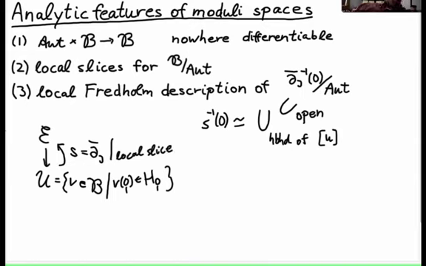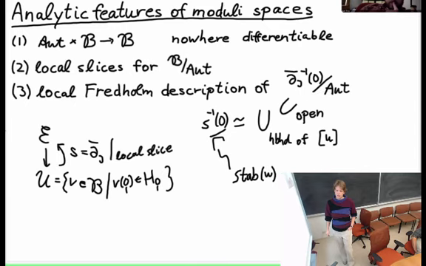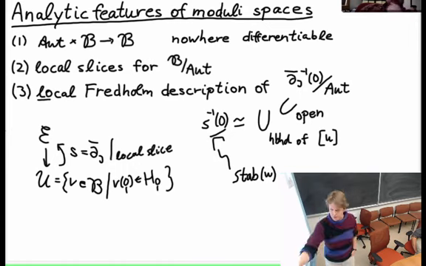And that should cut out the right neighborhood here, well, maybe up to another finite stabilizer group. So that's good news. However, it is a local description.